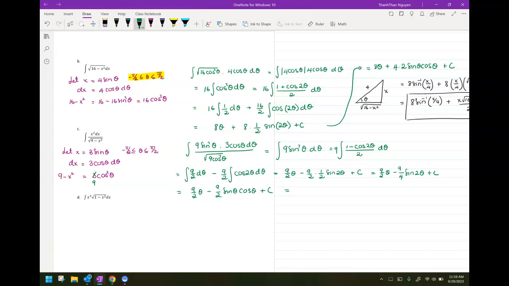We will draw the reference triangle and calculate the values for sine of theta and cosine of theta. Substitute into our formulas. We have 9 over 2 sine inverse of x over 3 minus x over 2 times the square root of 9 minus x squared plus c.